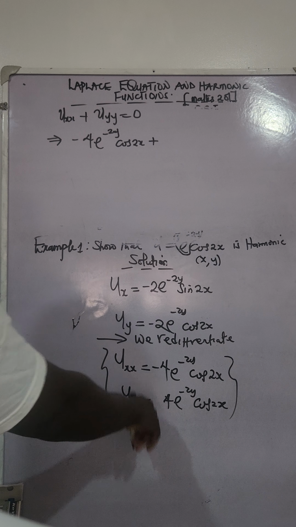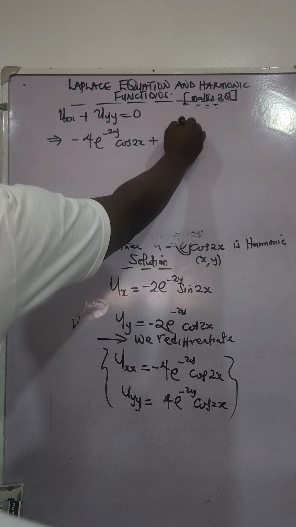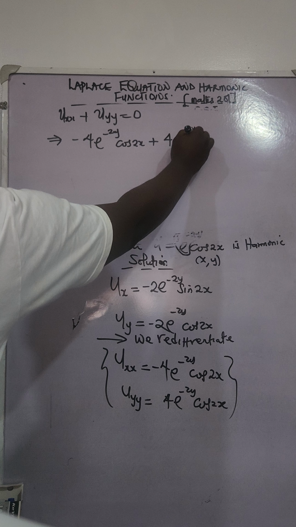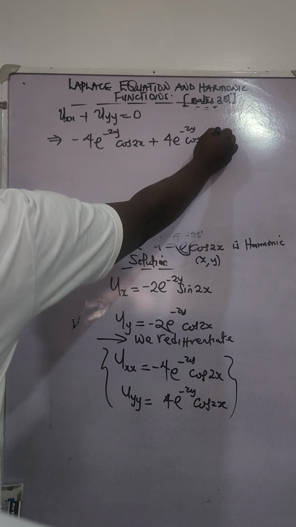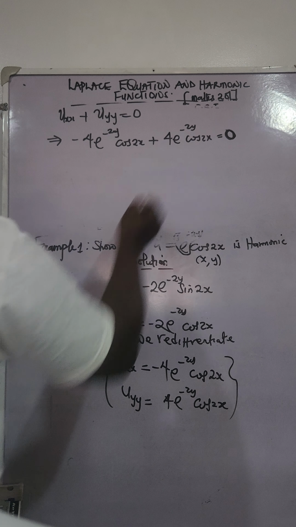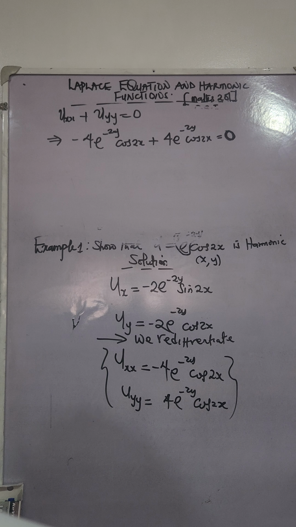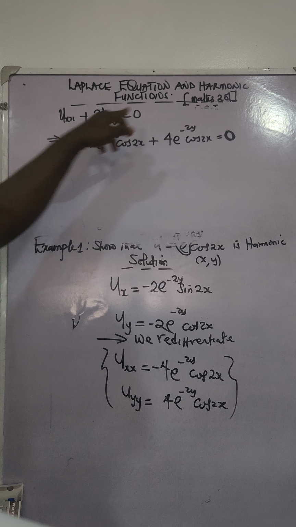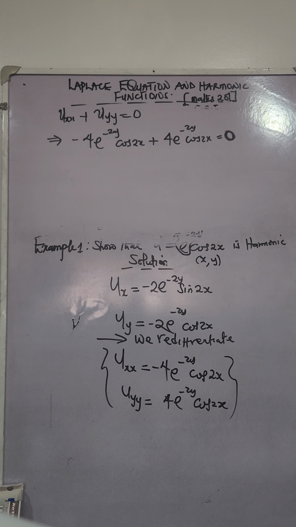If you add that to 4 e to the power of minus 2y cos 2x, oh wow, it's 0. If we add this to this, they just cancel out. That's 0. Oh, beautiful. That's wonderful.